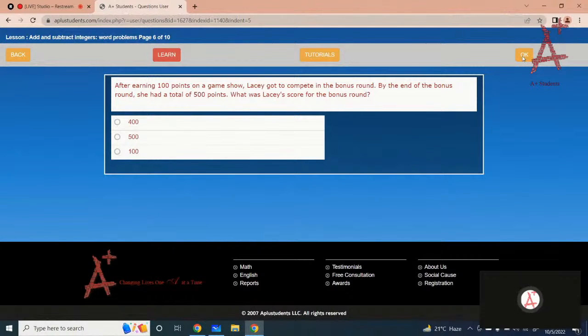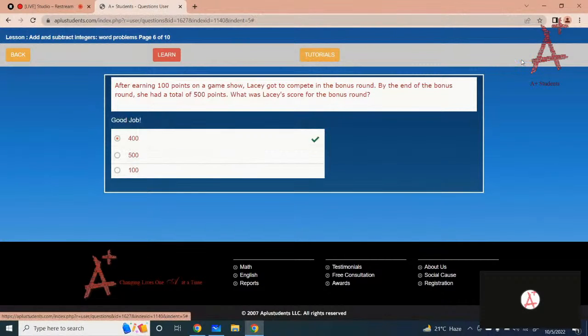Correct option is, you have to subtract 500 minus 100 is 400, because you need to find the score at the end of the bonus round. So it would be 400. Got it? It is 400. You have to subtract them.